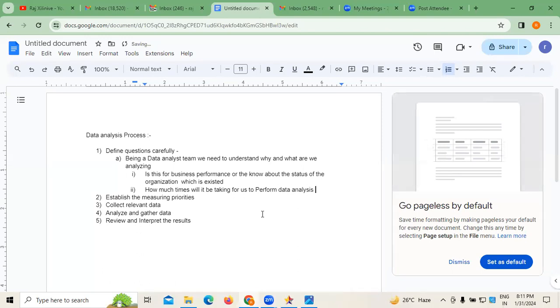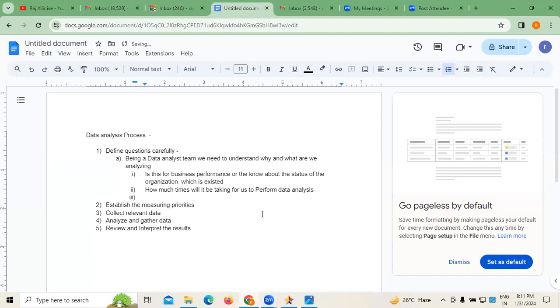Again, in this, we must know how complex the data is, because the timelines we require to perform data analysis also depend on the complexity.